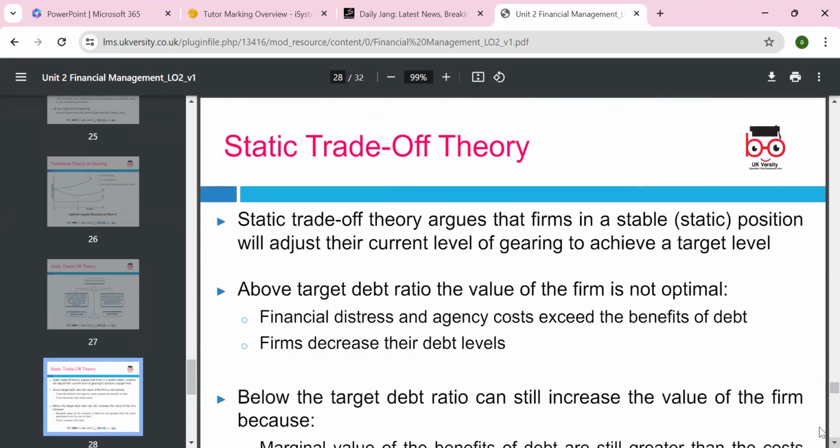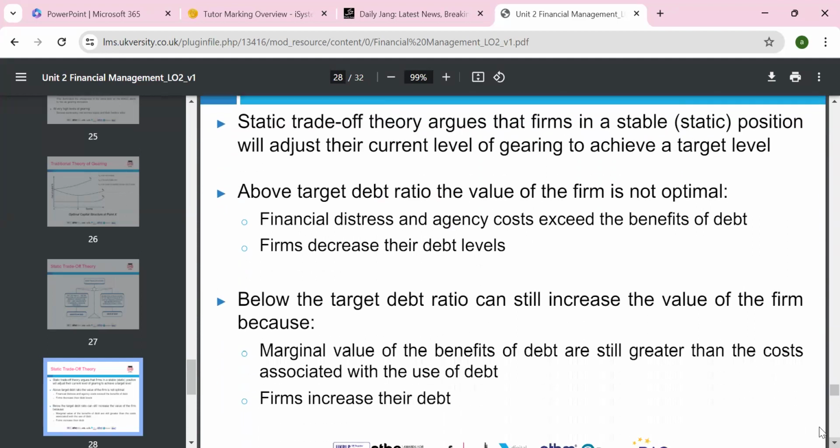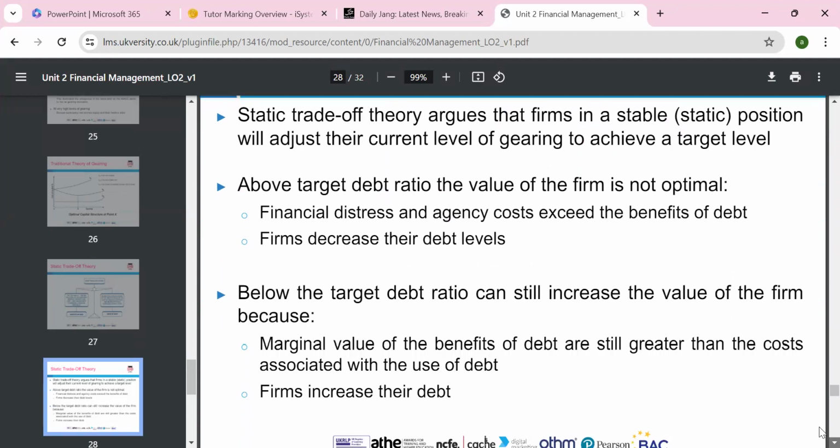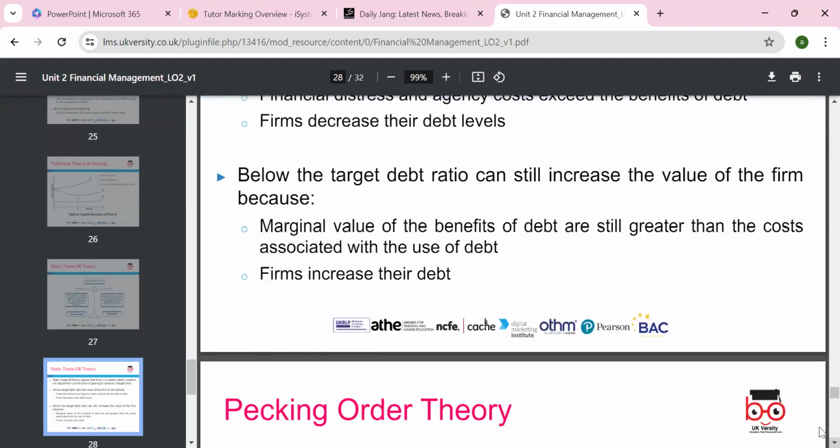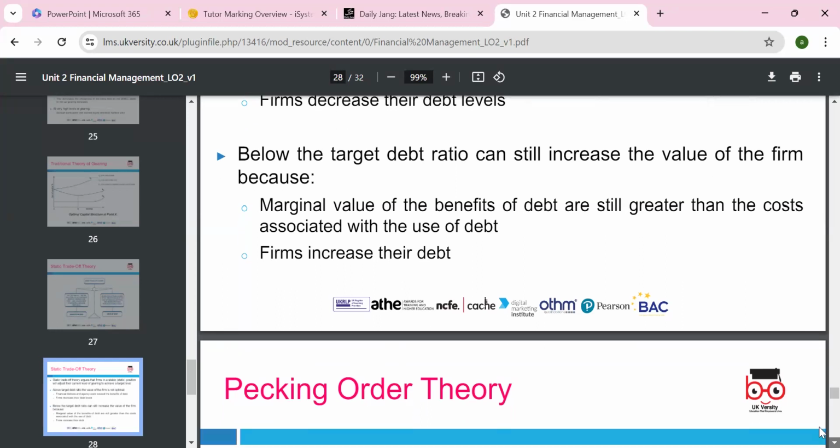They argue that the firm adjusts its current level of gearing to achieve a target debt ratio. If the firm is not optimal, distress and agency costs exceed the benefit. Below the target, the ratios still increase the value of the firm; where the benefit of debt is greater than the cost associated with the debt, the firm increases its debt.